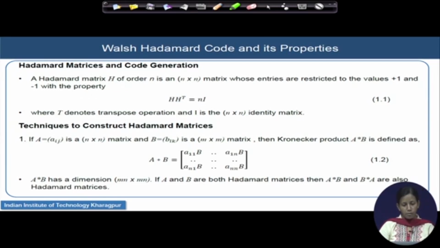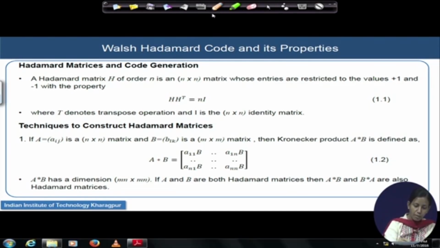Before entering into the generation mechanism and the properties of a Walsh Hadamard code, let us start with a Hadamard matrix, because the key part of this code generation is a Hadamard matrix. Suppose the matrix is called H and its order is n.